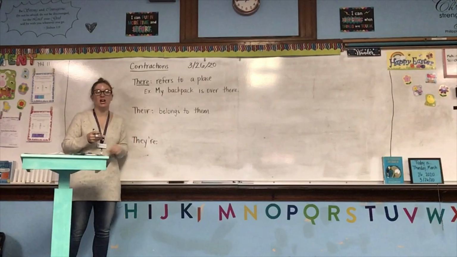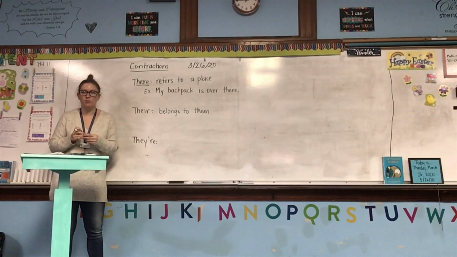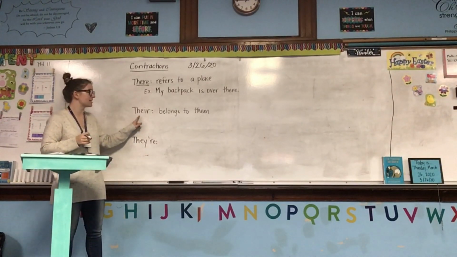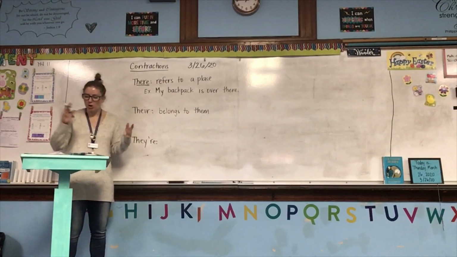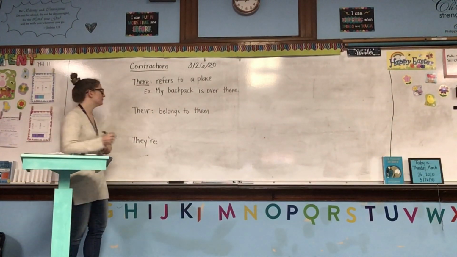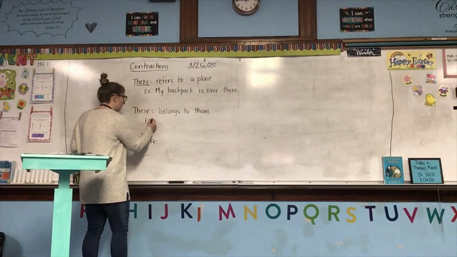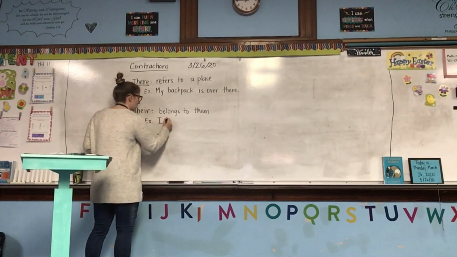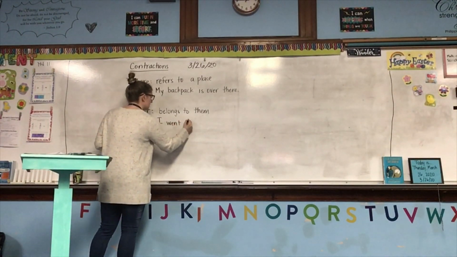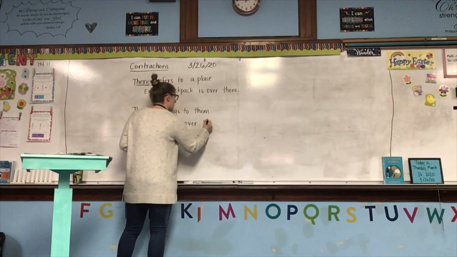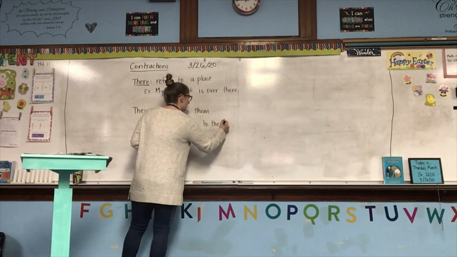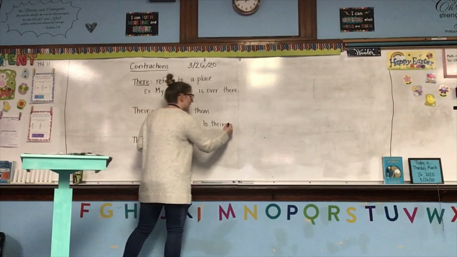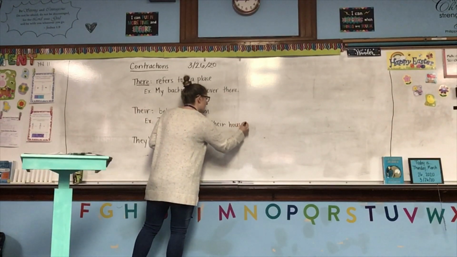Their, T-H-E-I-R, is just like your, Y-O-U-R, where it's possessive. It shows that something belongs to them, whoever they are. So, for example, I went over to their, T-H-E-I-R, house.